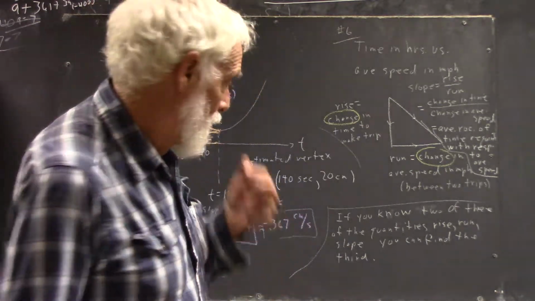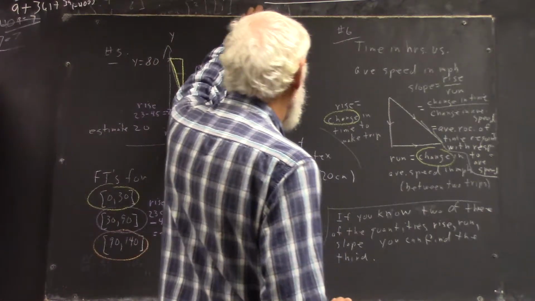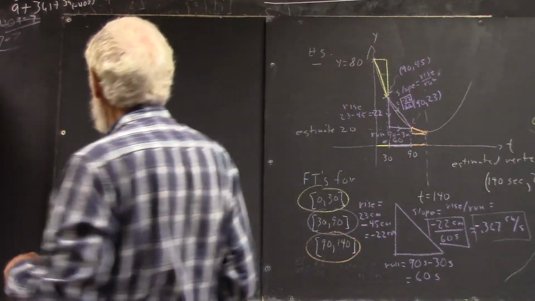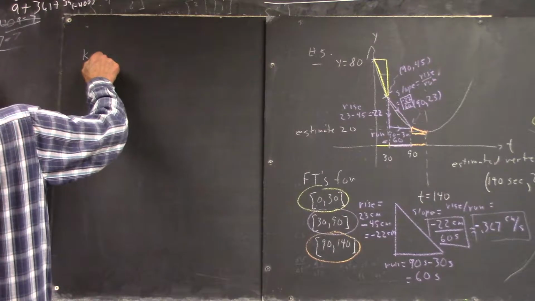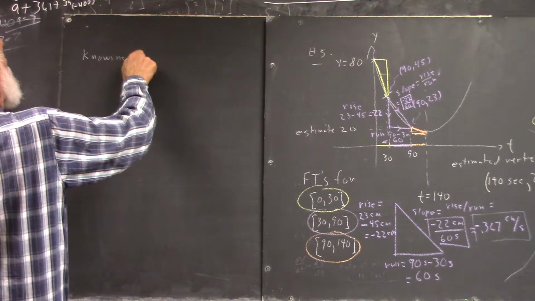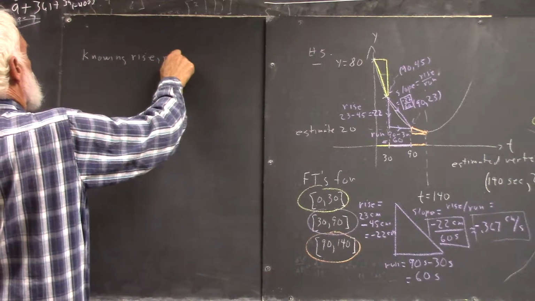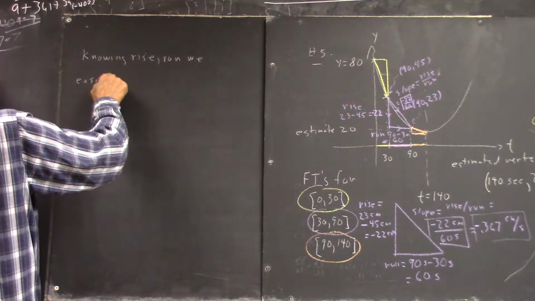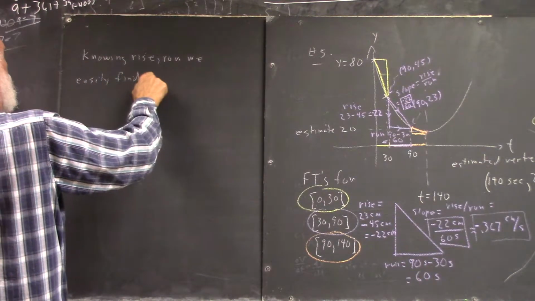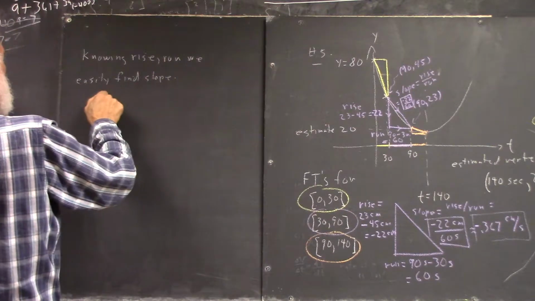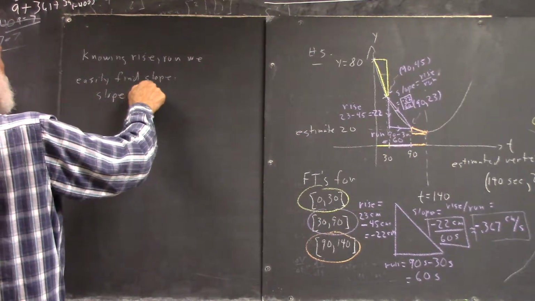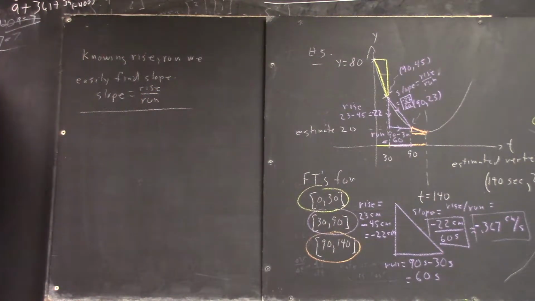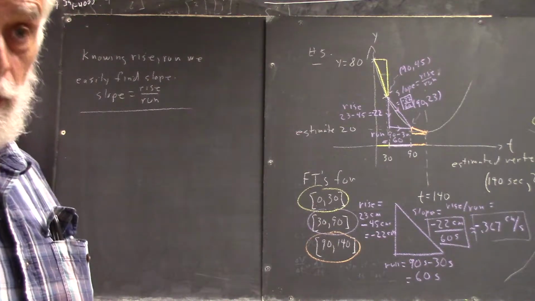Okay, we easily find the slope. Slope is rise divided by run. Okay?